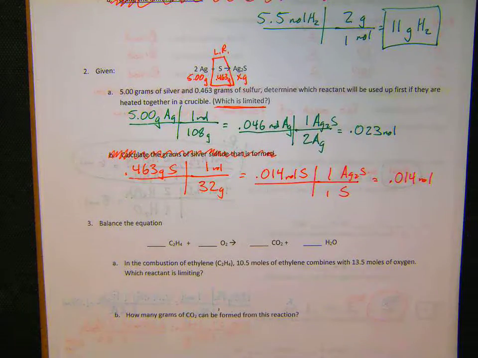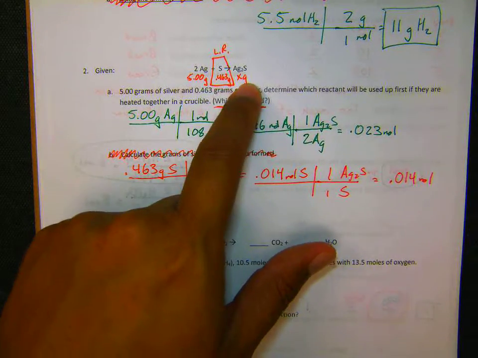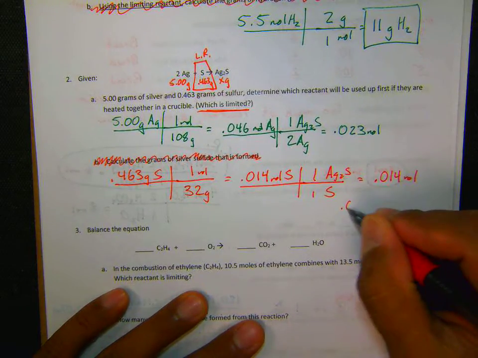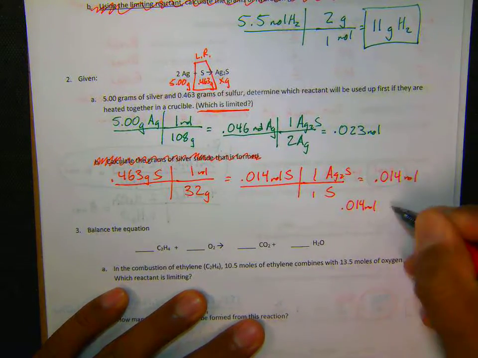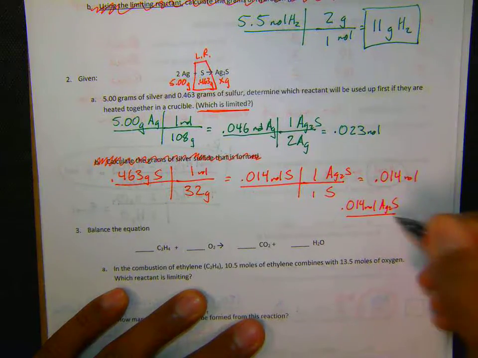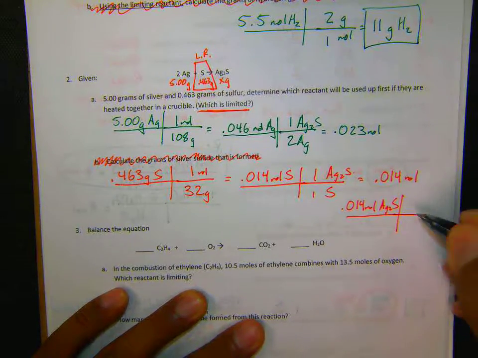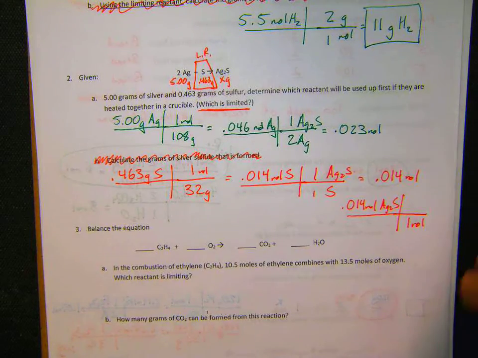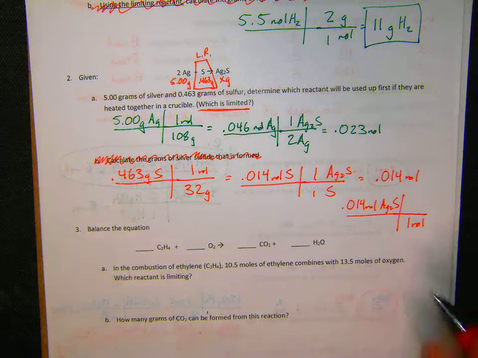All right? Now, it says you want it in grams. So we're just going to take that amount, 0.014 moles of Ag2S, and change it to grams by multiplying by the mass from the periodic table this time. So Ag2S, that's 108 times 2, plus 32, 248.